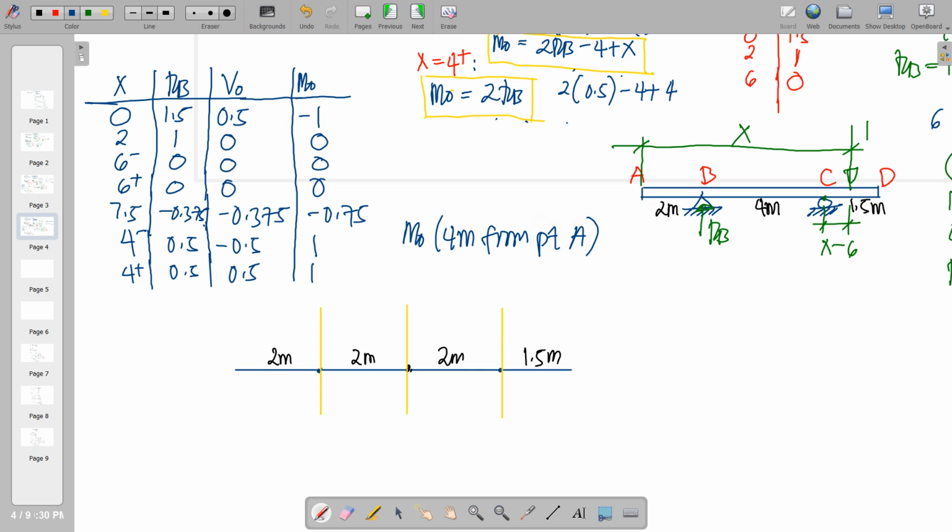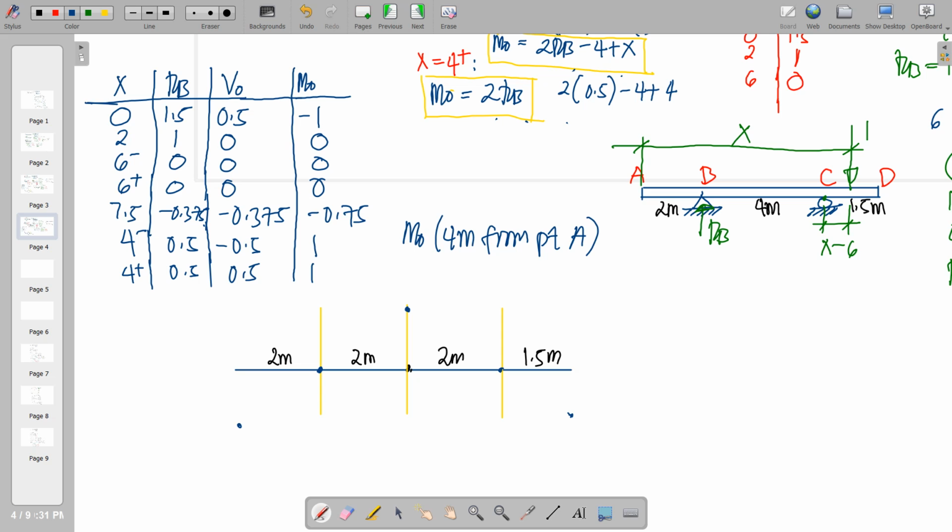So we have the following values. When x is equal to 0, your moment is equal to negative 1. And then when x is equal to 2, your value is equal to 0. When x is 4 plus or 4 minus, here it is, we have the same value, that is equal to 1. Okay. And then when x is equal to 6, your value is 0. And when x is 7.5, your value is negative 0.75.